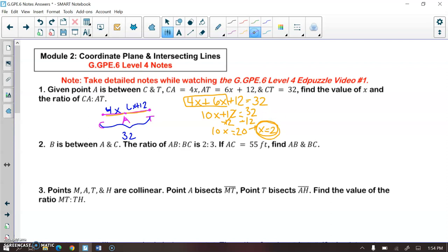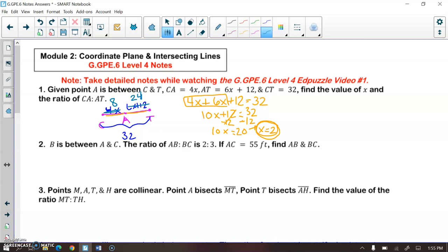Now it says find the ratio of CA to AT. So if I put 2 in for x for CA, 4 times 2 is 8. If I put 2 in for x for AT, 6 times 2 is 12, plus 12 is 24.